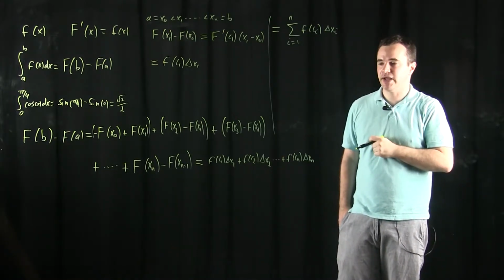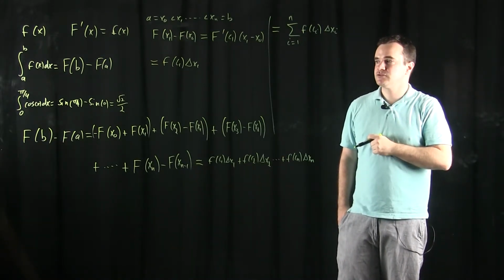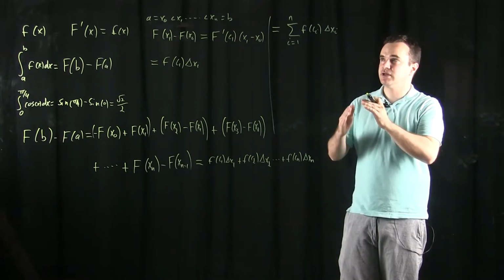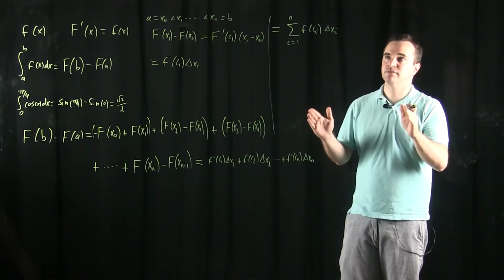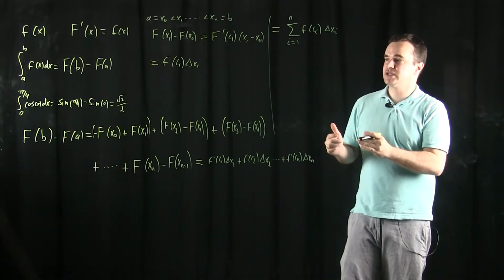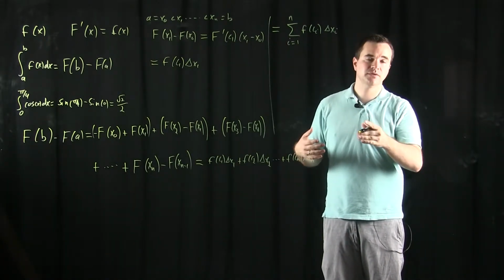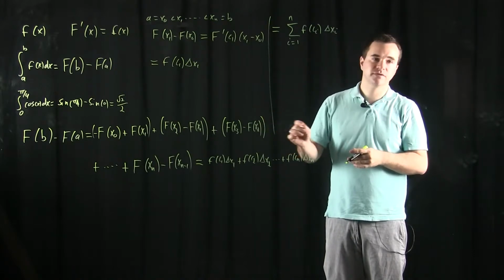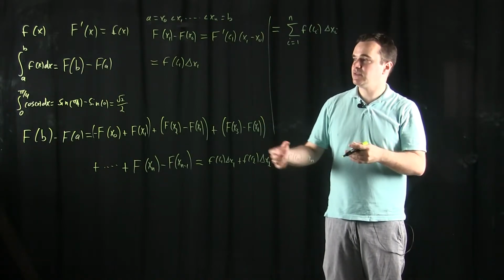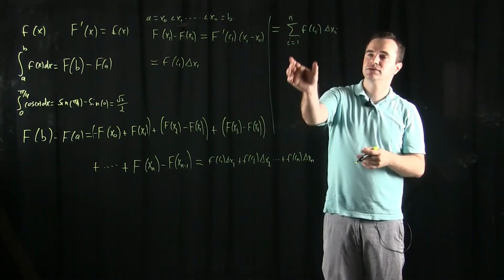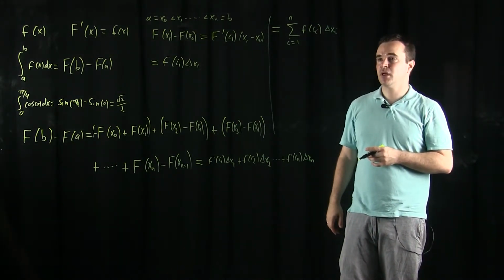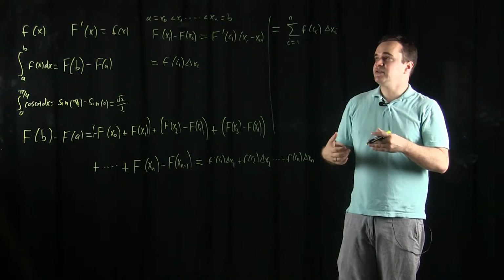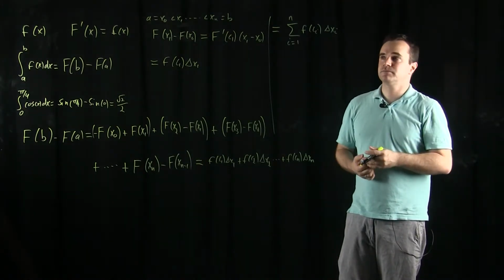So to recap what we've done: if you pick any partition, any subdivision of the interval from a to b into subintervals, then there will exist points C1, C2, C3, up to Cn inside each one of those subintervals with the property that f of b minus f of a is equal to that sum. That's pretty cool.